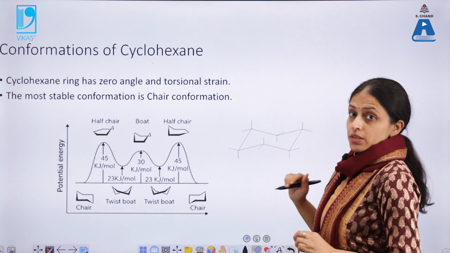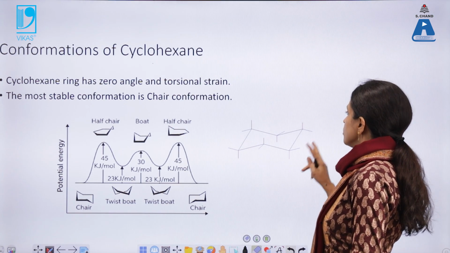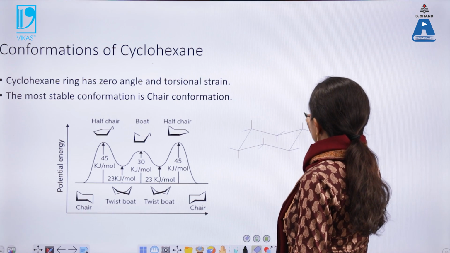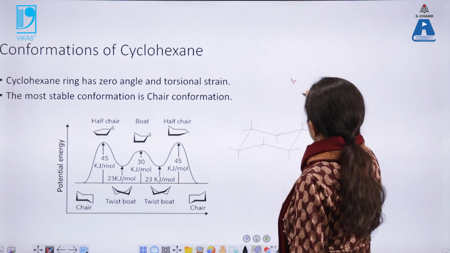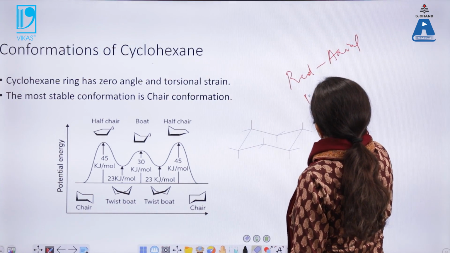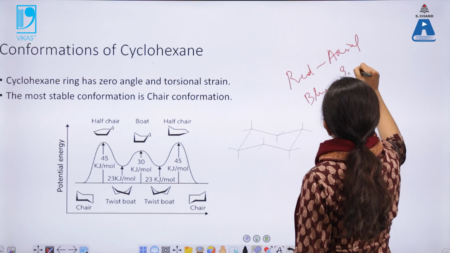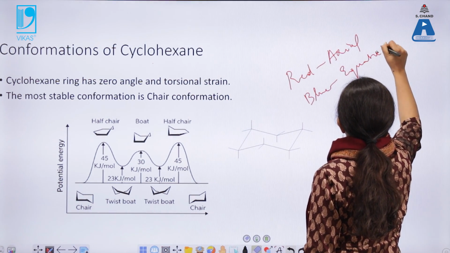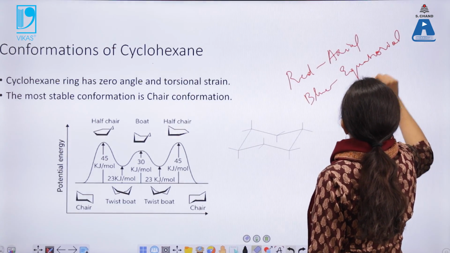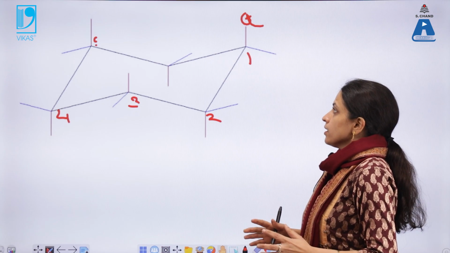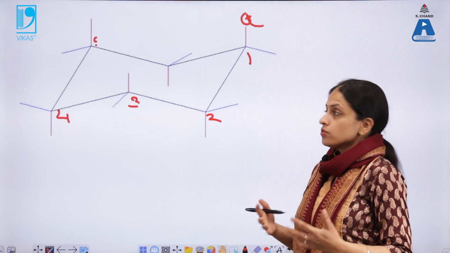Here you can see on the screen there are 2 types of bonds, red bonds and blue bonds. The red bonds are the axial bonds. The blue ones are the equatorial bonds. So if you look at the molecule of cyclohexane in the 3D representation, just try to imagine it.